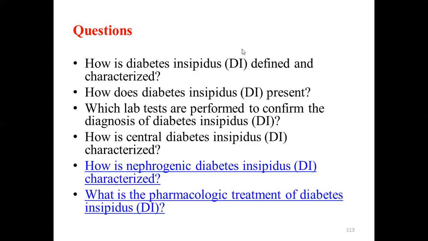Okay, fine. Any other person? Then the next person will be Brian. Brian, can you try, how do the lab parameters look like when they're having nephrogenic DI?